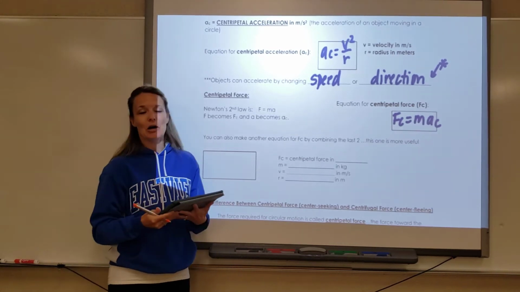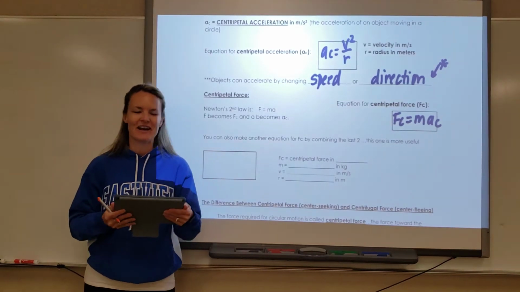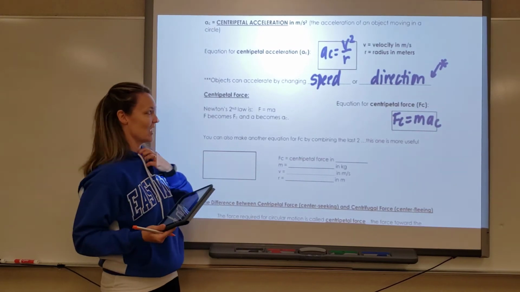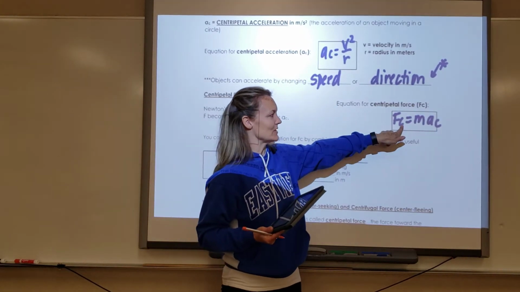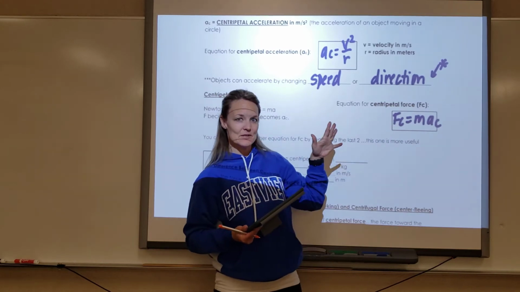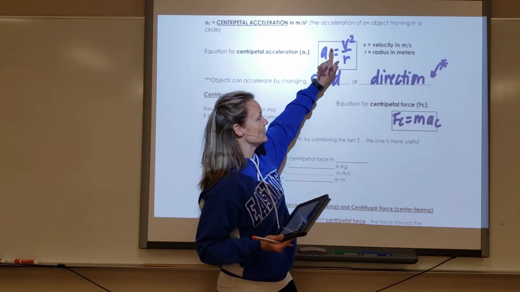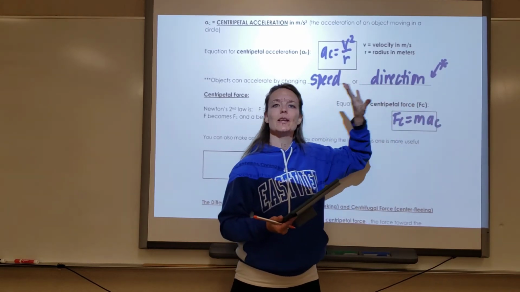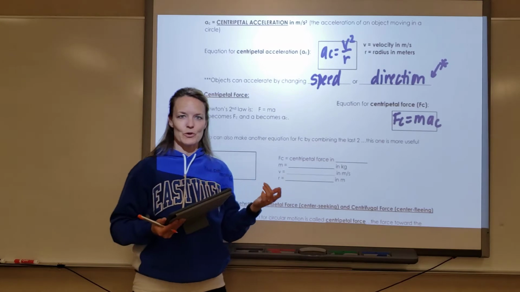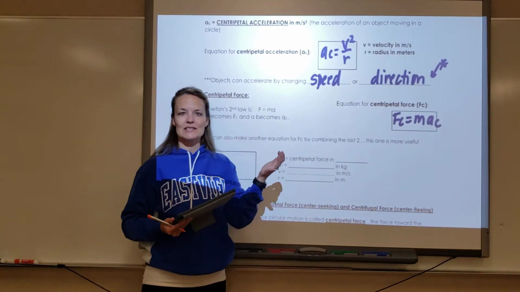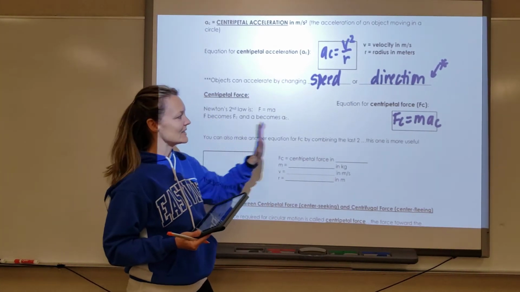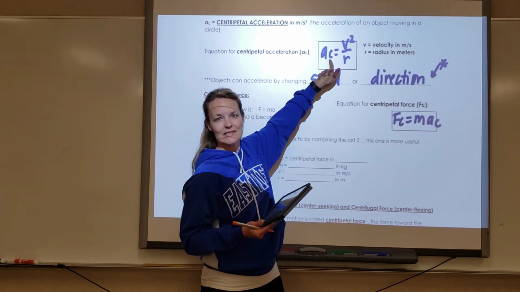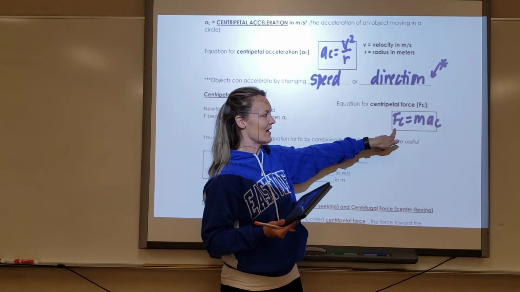The neat thing about this is, just like before, we can cram two equations together to make a more useful equation. So if we take these two equations right here and we substitute what a_c is equal to, v squared over r, and we plug that in place of a_c, we get one more equation for centripetal force that is much, much easier to use. If we want to use this equation right here, we usually have to first solve for a_c, the centripetal acceleration, and then F_c.